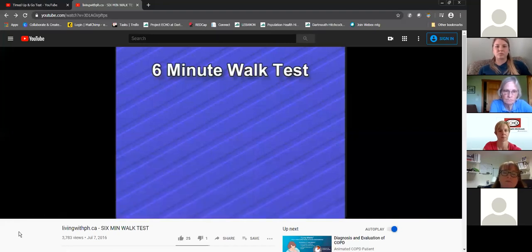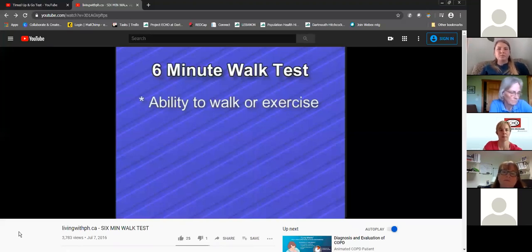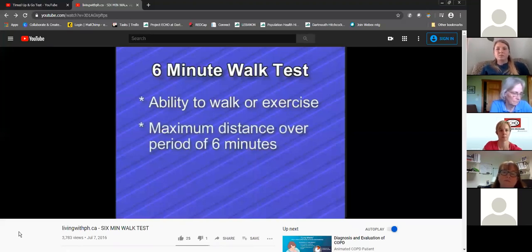The 6-minute walk test is a type of exercise test. It measures your ability to walk or exercise. It measures the maximum distance that you could cover while walking as quickly as you can on a flat, hard surface over a period of exactly 6 minutes.